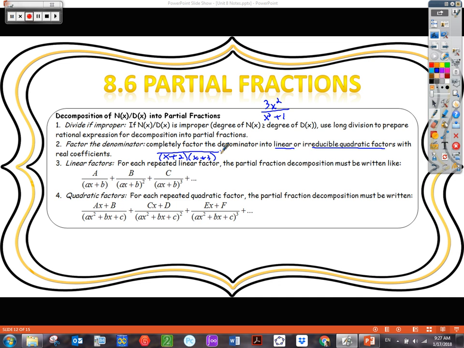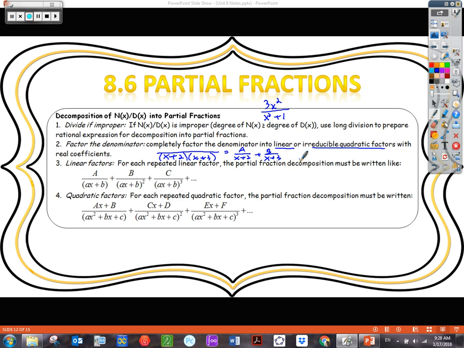The way that I would set up linear factors is I would see how they all have just letters over them. So I would set this up as a over x plus 2 plus b over x plus 3. That's how I would set up my partial fractions if there were linear factors.